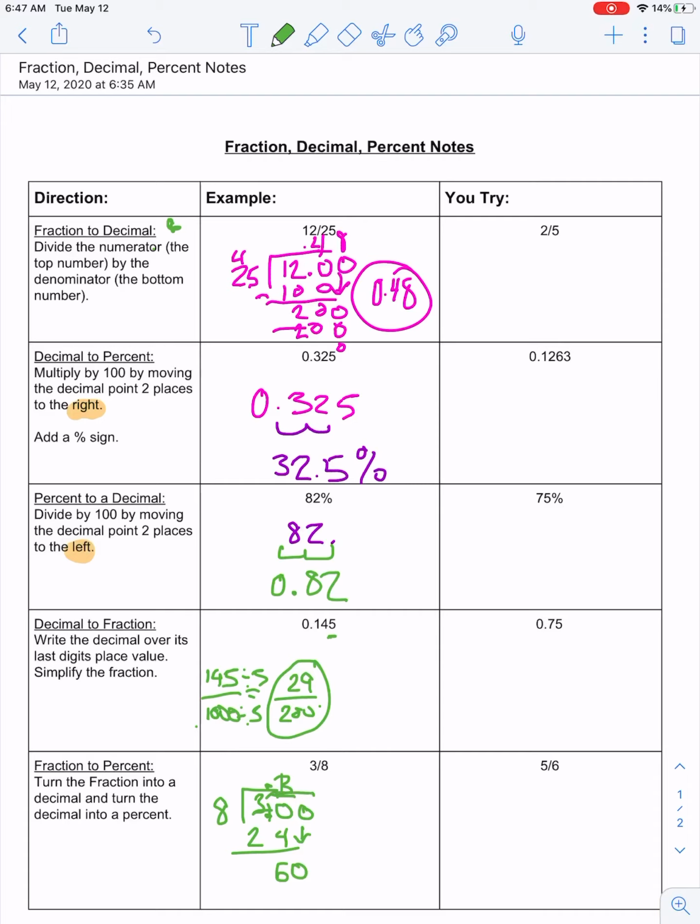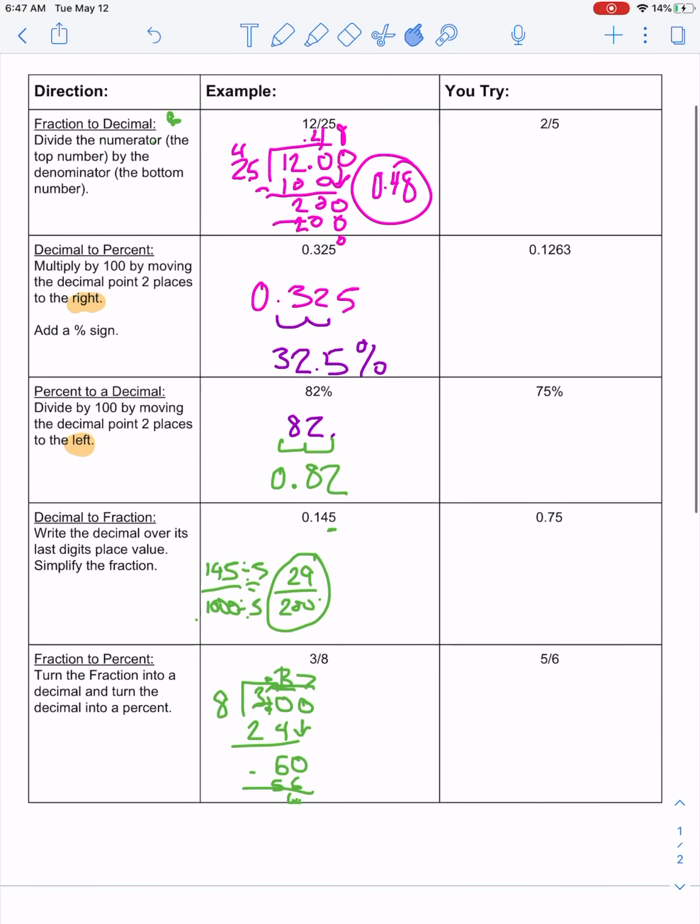8 goes into 60 7 times. 7 times 8 is 56. Subtract, we get a 4, so that means we're not quite done. So we annex another 0 and drop it down. 8 goes into 40, 5 times 8 is 40.